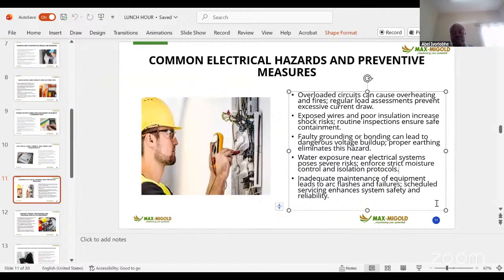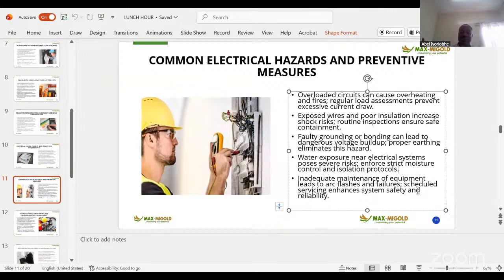Inadequate maintenance of equipment leads to arc flashes and failures. Scheduled servicing enhances system safety and reliability. When you don't maintain your equipment, you run to failure. Resistivity starts coming in.